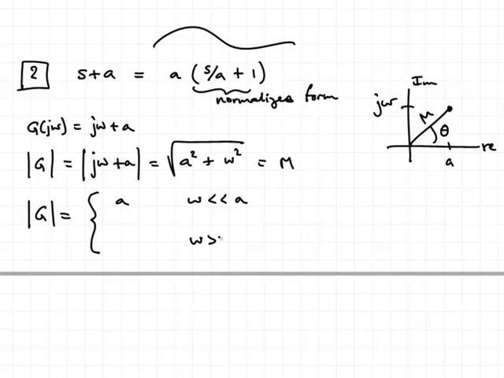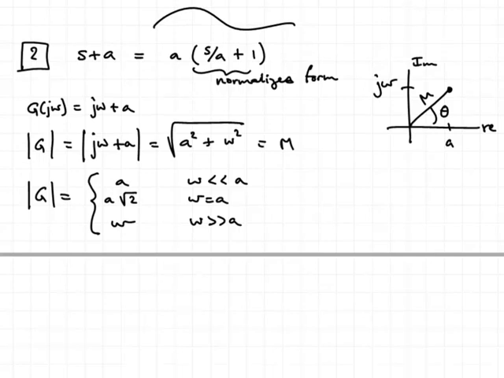When omega is much, much greater than a, now omega squared dominates the a squared, and the magnitude approximates omega. And let's look at the special case where they're equal to each other. Here we would have a squared plus a squared, so we have a times root of 2.